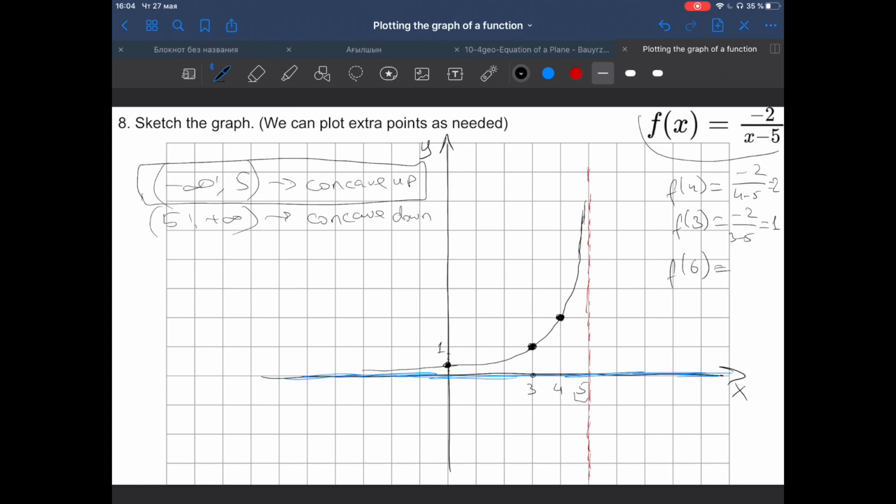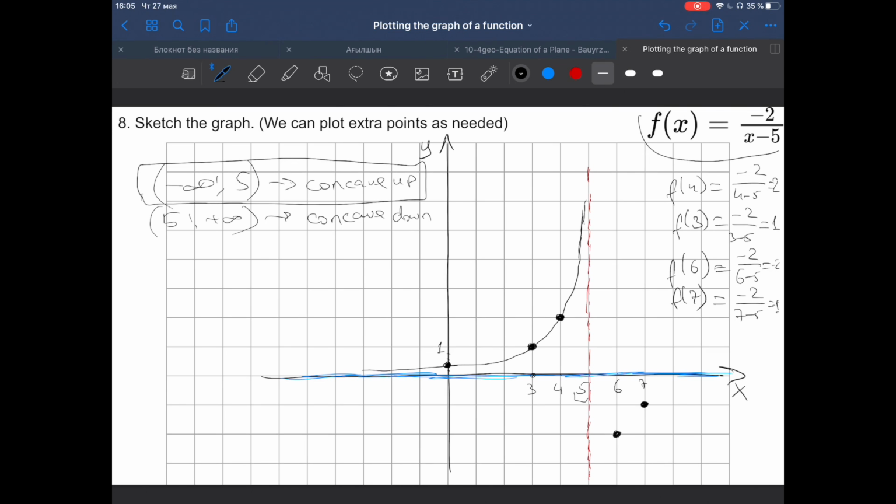F of 6 is equal to minus 2 divided by (6 minus 5). It will be equal to minus 2. When we give to x 6, our y is equal to minus 2. Okay, it's the first point. And let's find when we give to x number 7. Minus 2 divided by (7 minus 5) will be equal to minus 2 divided by 2, which is minus 1. When we give to x 7, our y is equal to minus 1.